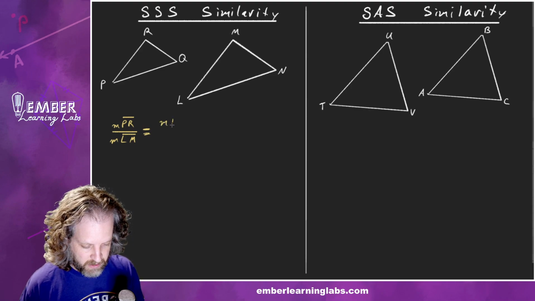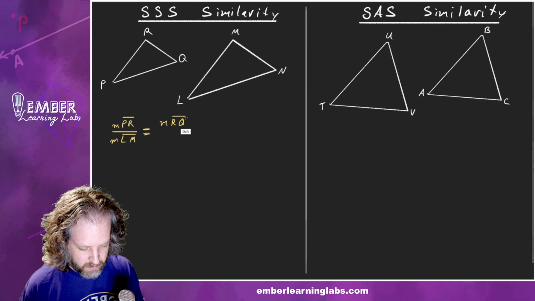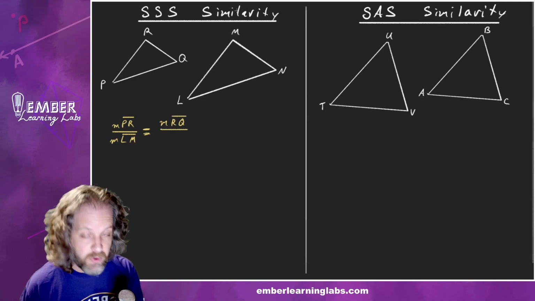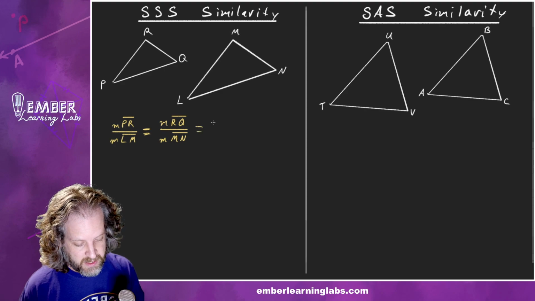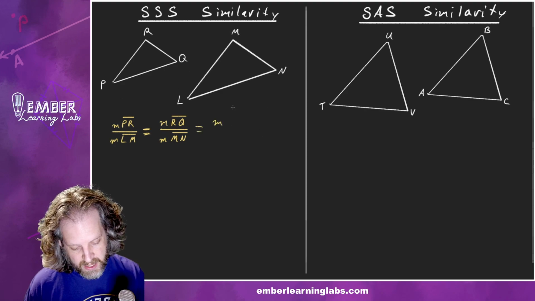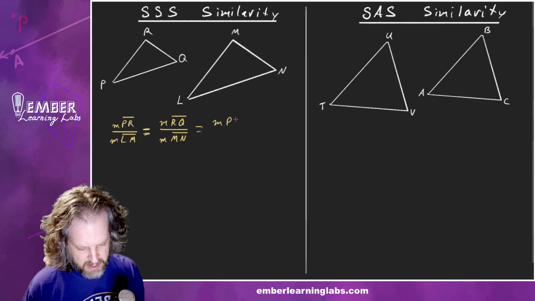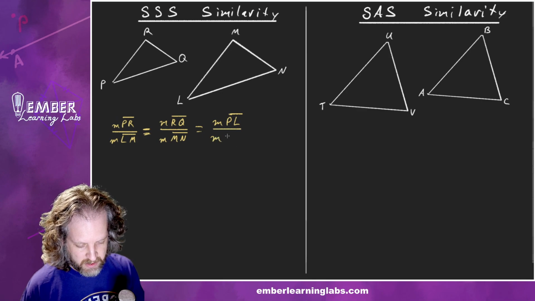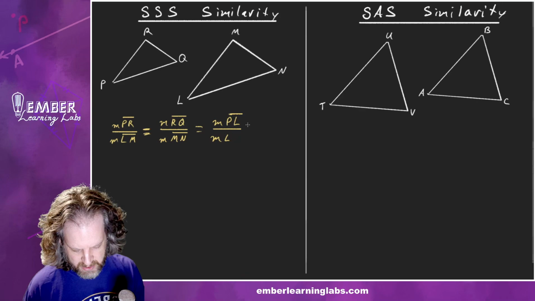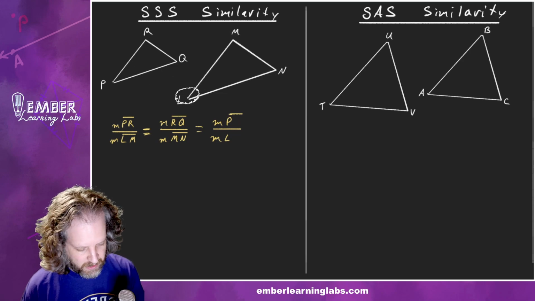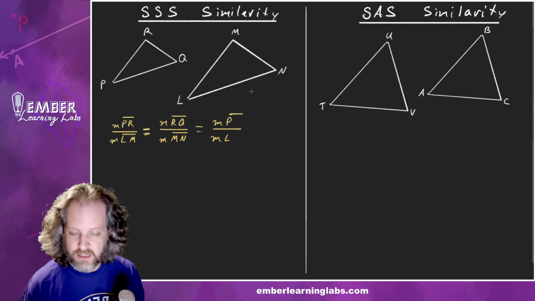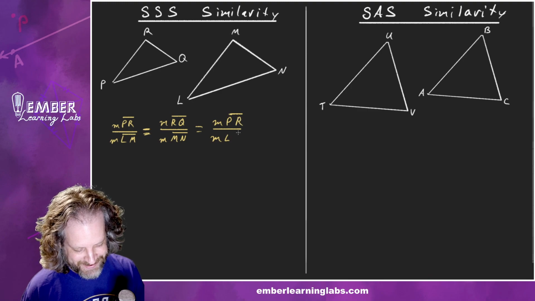So the measure of RQ over the measure of the one that goes with the other triangle, the measure of MN, right? The measure of MN equals the measure of PL to the measure of LM. That's not right. PR. L is in the totally other triangle, like on another planet or something. How about PR to LM?